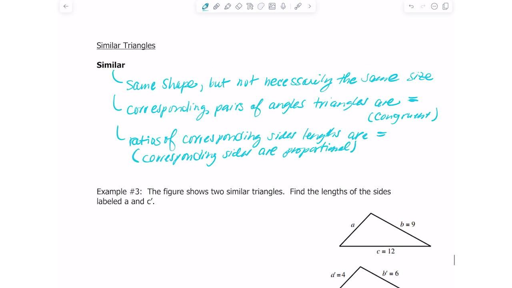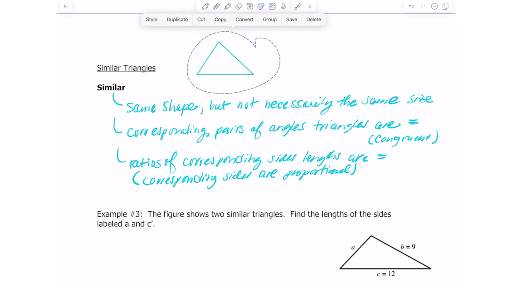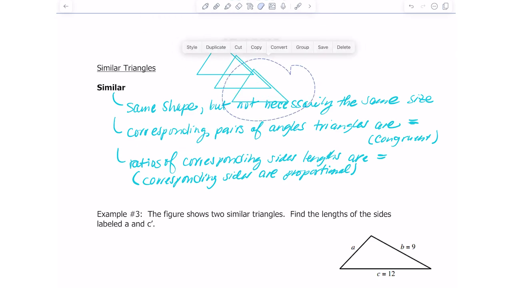So what we're looking at here is if I had, let's say, two triangles. So here's one triangle. Okay, and then I'm going to duplicate that.